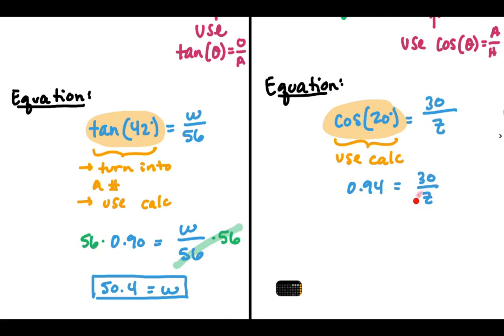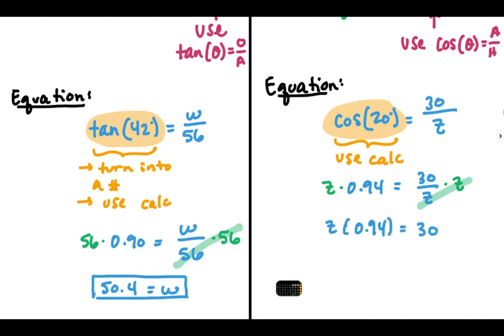This time I'm dividing by z. I can do the exact same thing and multiply both sides by z. That seems a little weird, but we're going to see how it works out. So the z's on this side cancel each other. And now I have z times 0.94 equals 30.